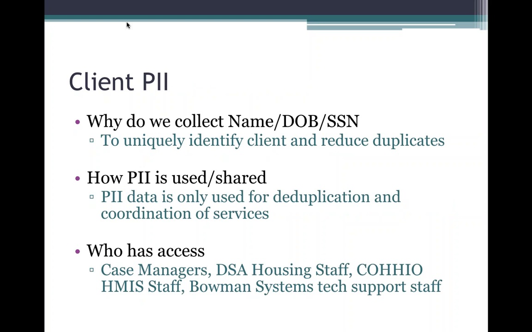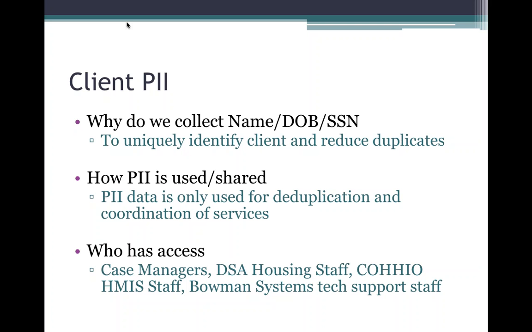So drilling down to look at that personally identifying information, the reason we collect name, date of birth, and social security number is to make sure clients are uniquely identified and reduce duplication in the system. That's important because the data is of higher quality when we know people aren't being counted multiple times.